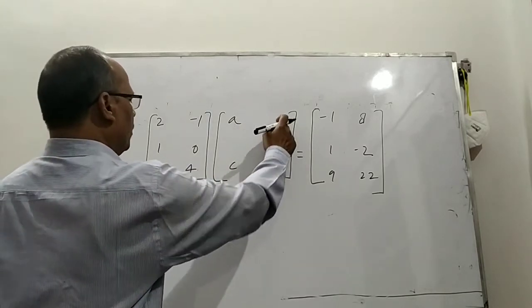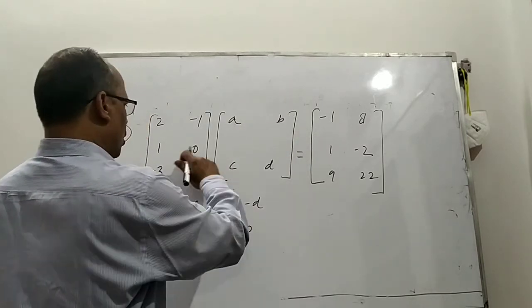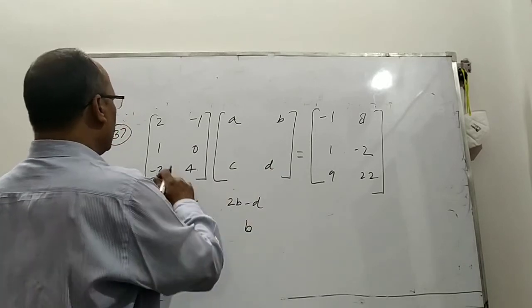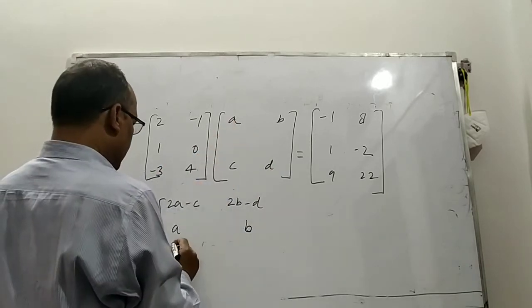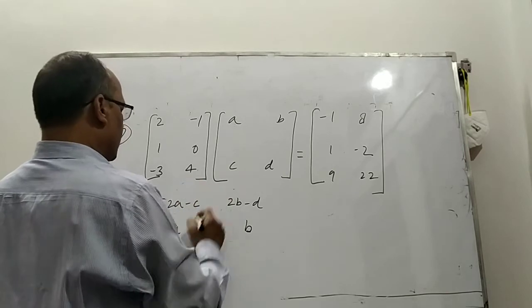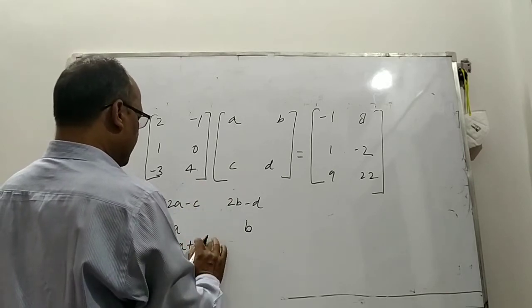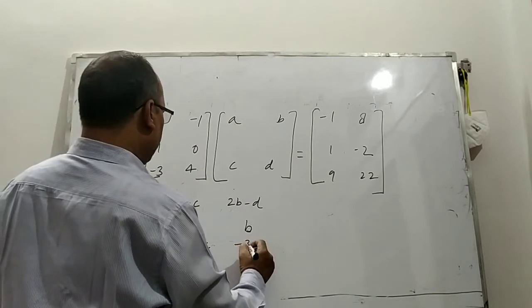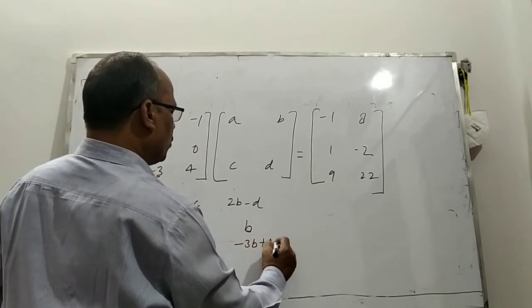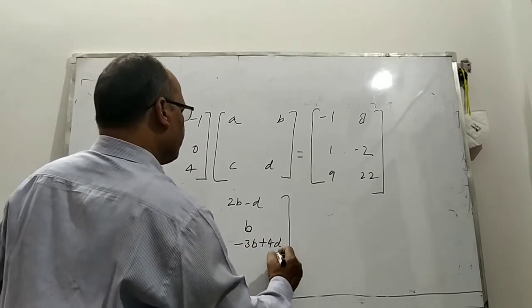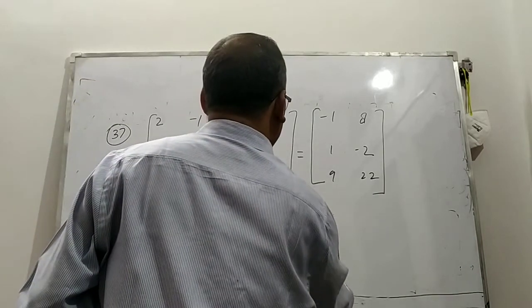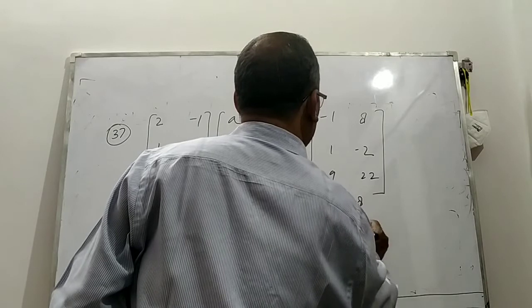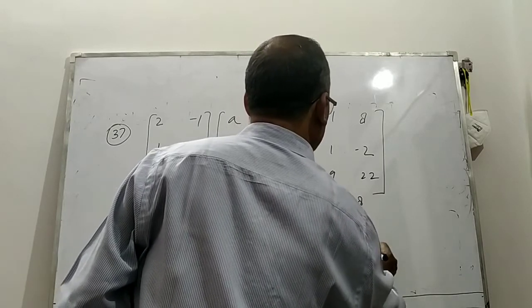Then B, and 0 is multiplied with D, 0. Minus 3A plus 4C, minus 3B plus 4D. Then it will be minus 1, 8, 1, minus 2, 9, 22.